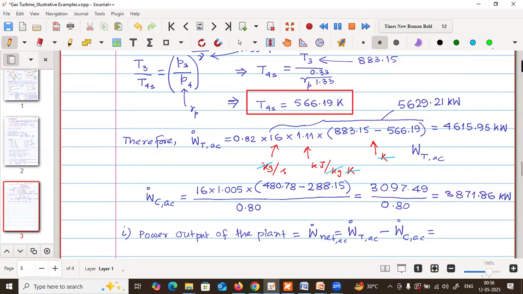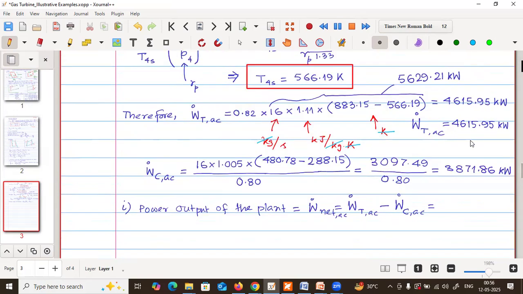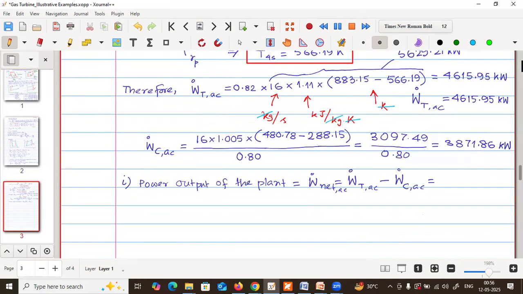WT actual is equal to 4615.95 kilowatt, and WC actual is equal to 3871.86 kilowatt.